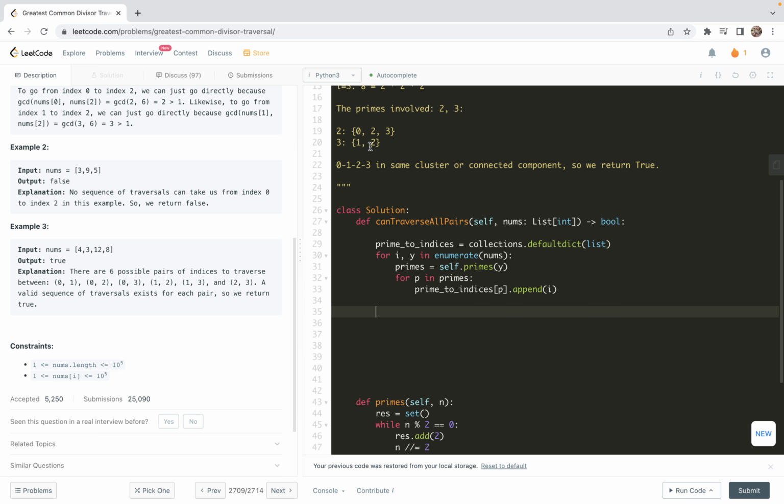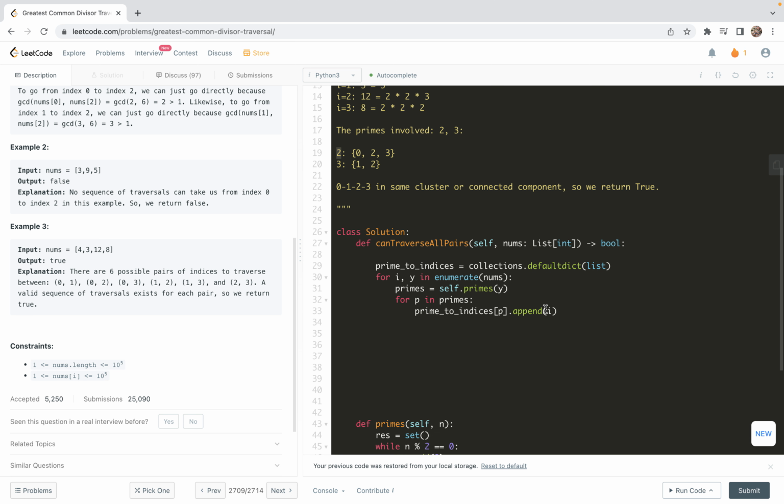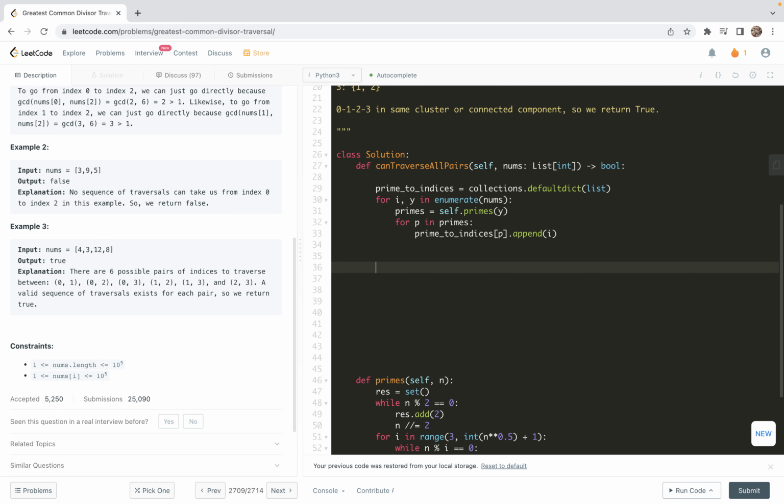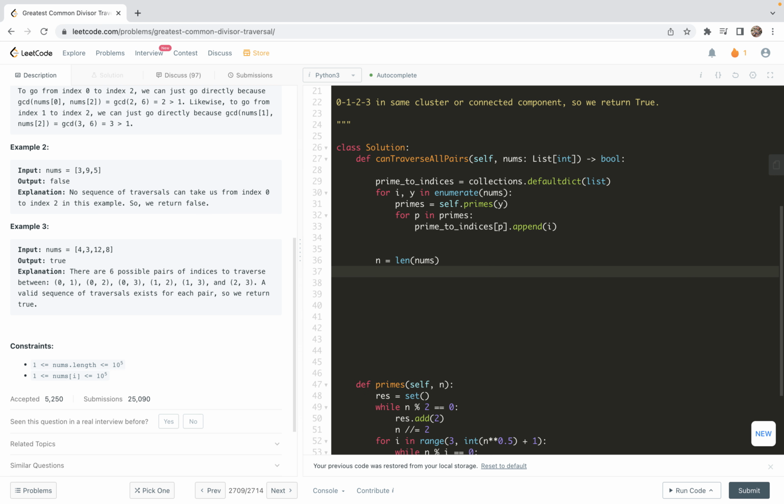Then what we are going to do, basically, let's get self primes. So we get the prime decomposition. This is the set. We are going to check what prime factors appeared in the number. And then, because this y contains that prime number, we are going to add to the corresponding dictionary value.